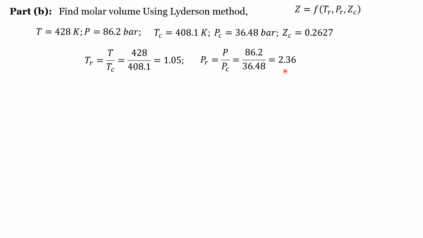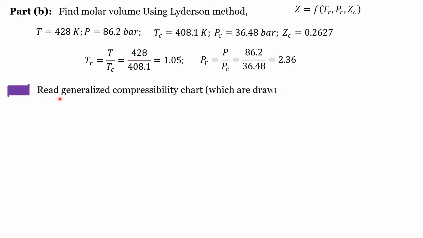PR equal to 2.36. Now we can read the generalized compressibility chart which is drawn at ZC value equal to 0.27 using TR and PR values.